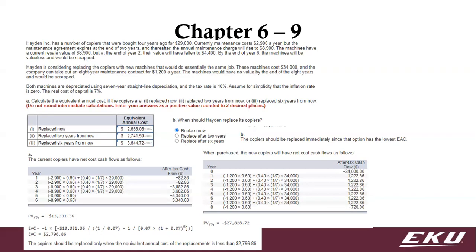Okay, so just looking here at A, we have our initial payment. The 2,900 was your maintenance, and then this 40% is your tax rate.